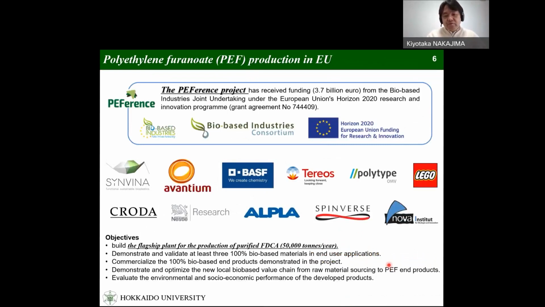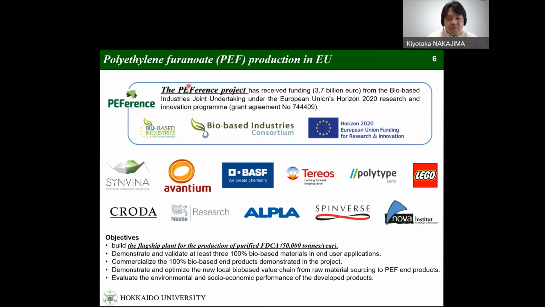Due to the potential application of this monomer, a lot of research groups as well as industrial companies are focusing their attention on the development of this monomer production process. I will introduce one example organized by an EU consortium. This is the PREFER project organized by the EU under the European Union Horizon 2020 with a very large grant as shown here.